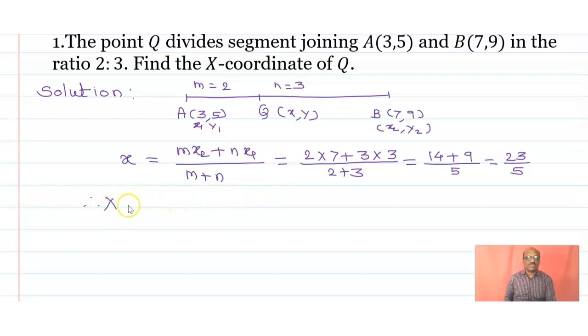Therefore the x coordinate of Q is 23 upon 5.